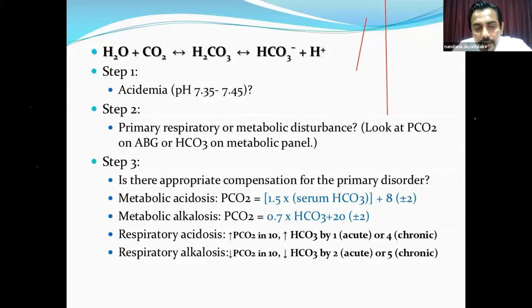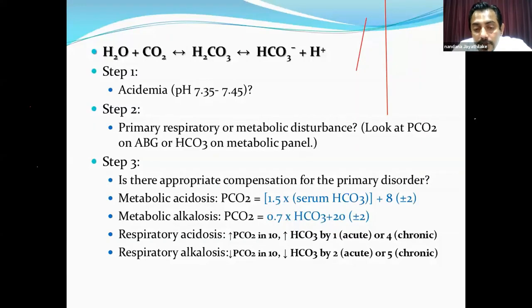Third step, is there appropriate compensation for this primary disorder? If it's metabolic acidosis, PCO2 equals 1.5 times serum bicarbonate plus 8, which is called Winter's formula. If it is a metabolic alkalosis, PCO2 equals 0.7 times bicarbonate plus 20, plus or minus 2. In all formulas, plus or minus 2 is applied.